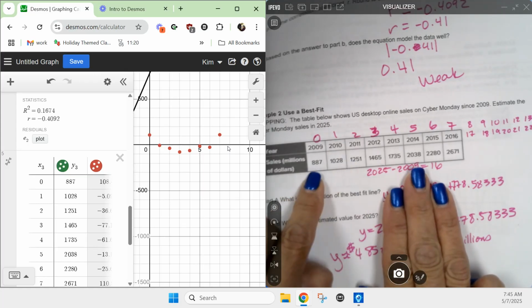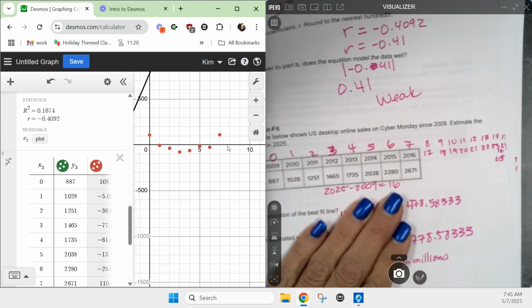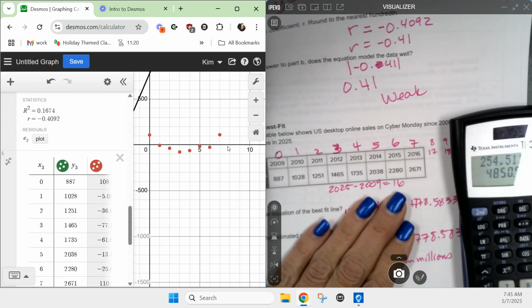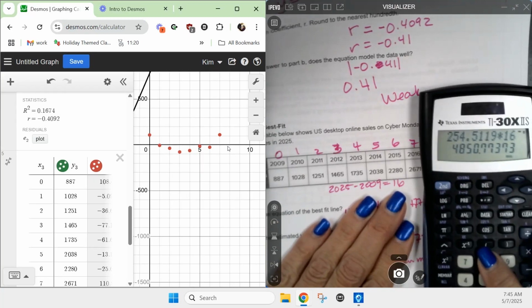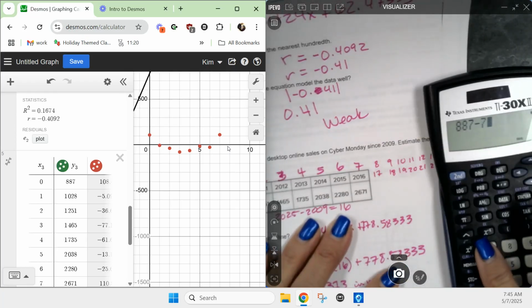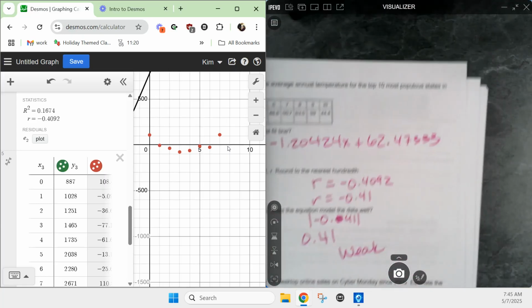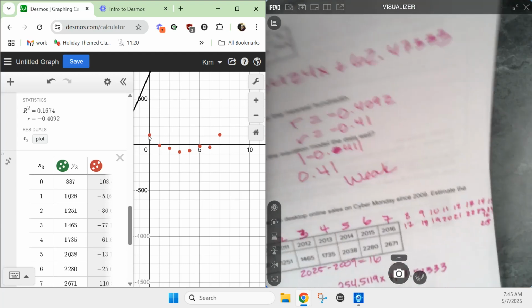Is that what I have right here for year 0? No, it's not. So if I was to take 887 and subtract out 778.58333, okay, I would get this point right here.